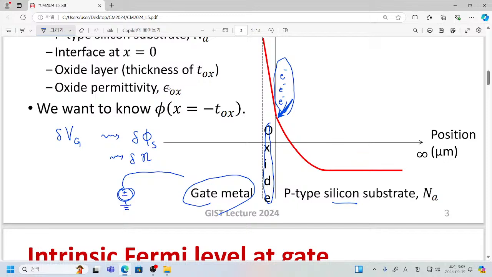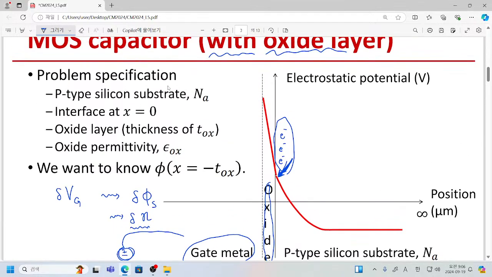We will use this change of electron density to quantify the operation of our MOS capacitor and field effect transistor. Since we can now well understand the behavior of the silicon substrate part, we want to make it complete by adding this oxide region, and draw certain quantities as a function of gate voltage.